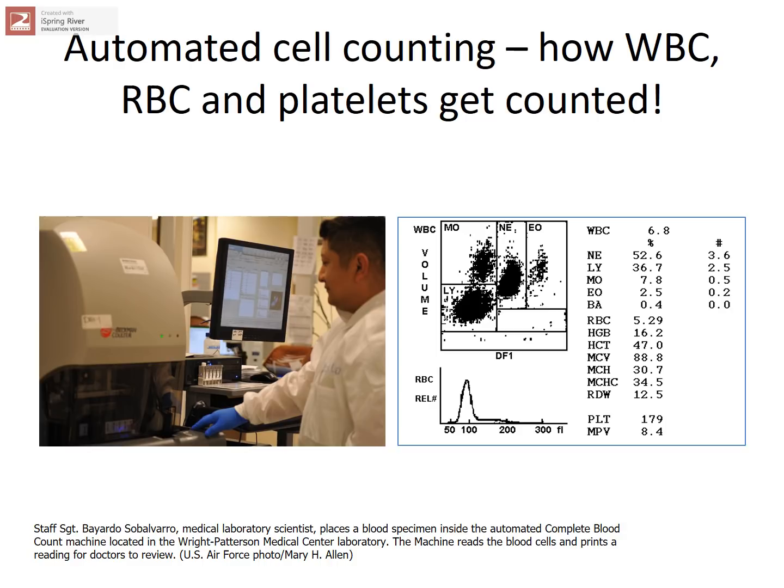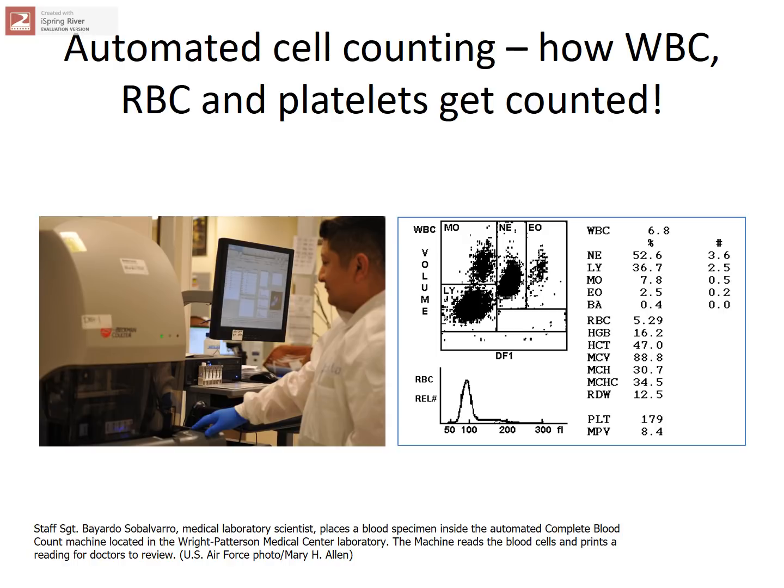So that would be the neutrophil, lymphocyte, monocyte, eosinophil, and basophil. In the percents, you'll see a hemoglobin and hematocrit. That tells us about how many red cells are present, and then some other calculations and information that help us know more about the size and shape of the red blood cells.